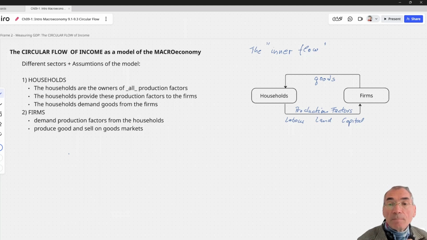And if I lend capital to firms in one way or the other, the firms have to pay something to me. They have to pay dividends, they have to pay interest rates. And this is the monetary equivalent of the production factors, of the real flows from households to firms. The firms have to pay, and the households receive factor income.